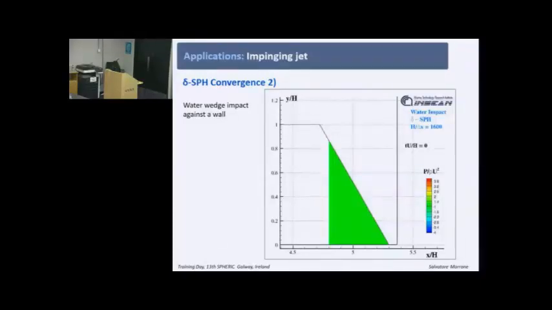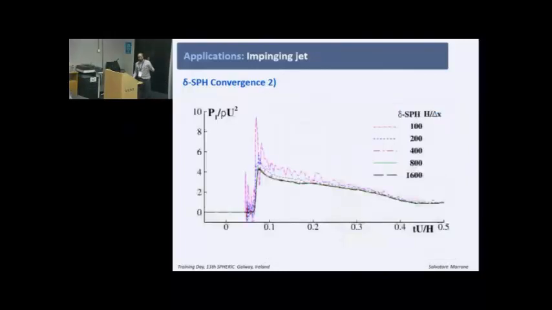Here the particles have to follow a very high curvature, okay? And in that region the particles have to rearrange, and this causes some oscillation in the pressure signal. But this quickly disappears. Already at the third resolution we have practically a convergent solution.